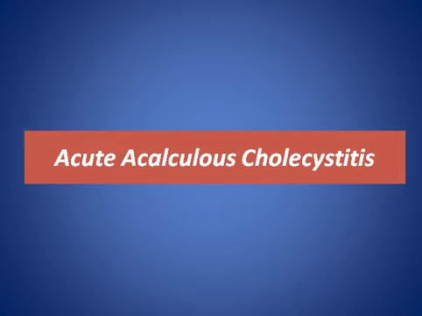The clinical presentation may differ from that of calculous cholecystitis in that the severity of the disease may be out of proportion to the severity of the right upper quadrant pain. Some patients are pain-free despite leukocytosis and fever.